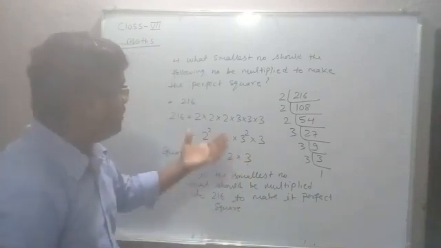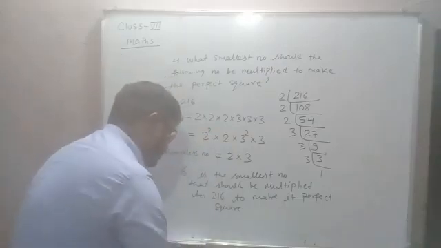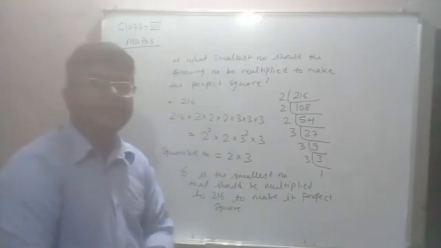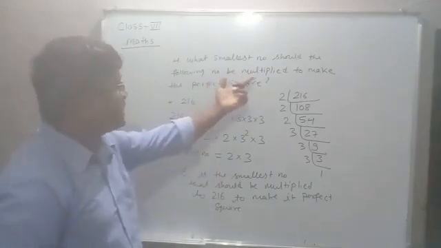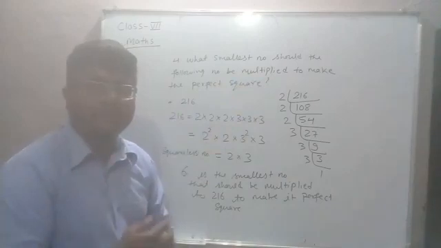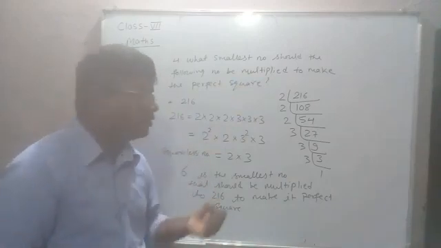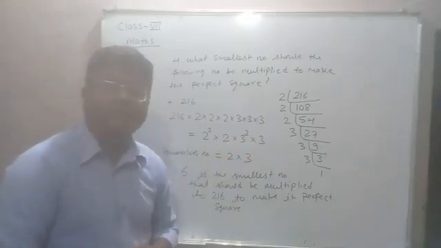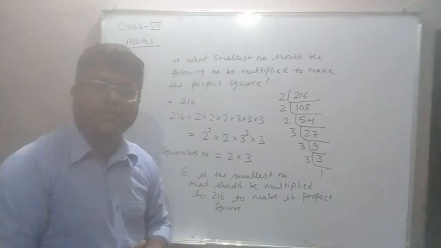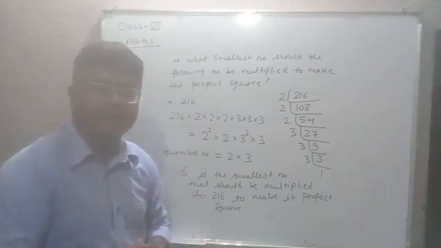I hope you all have understood this. So your exercise questions up to question number 5 you can easily do. The question may ask about dividing, what number should divide to make it a perfect square. In that question also you do the same way. The unpaired or squareless numbers, or the product of those numbers, should be divided to make the number a perfect square.